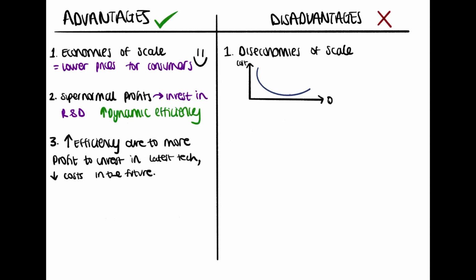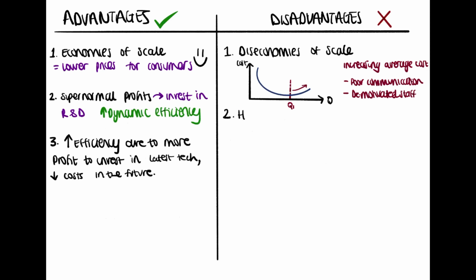A disadvantage would be diseconomies of scale. Now, this is when output increases, so does cost. We can see on the graph as output increases beyond point Q1, cost actually begins to increase. This may be due to poor or lack of communication between staff in a growing firm, or even demotivated staff.